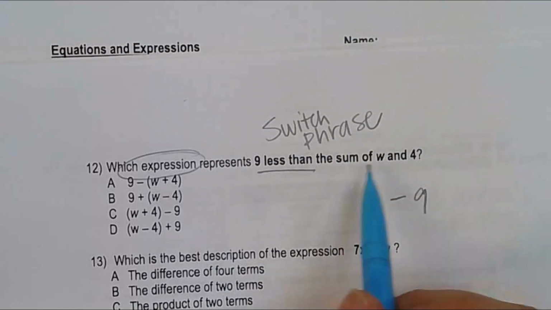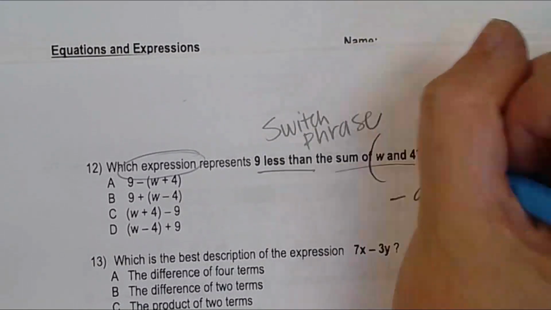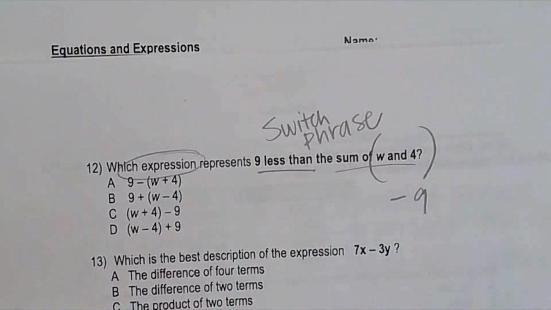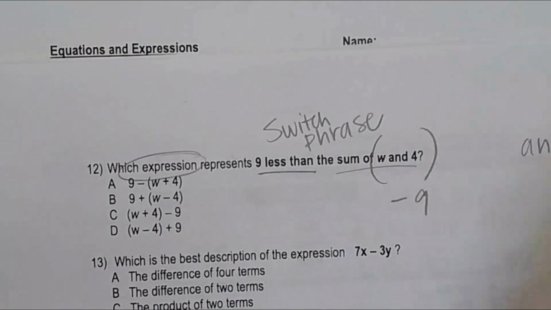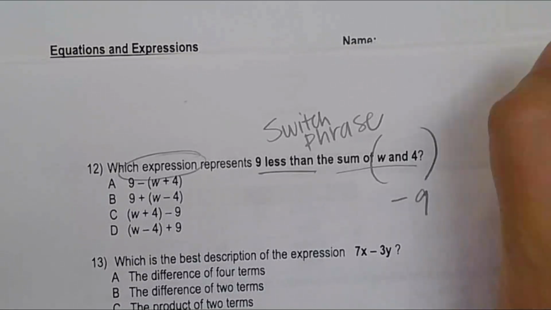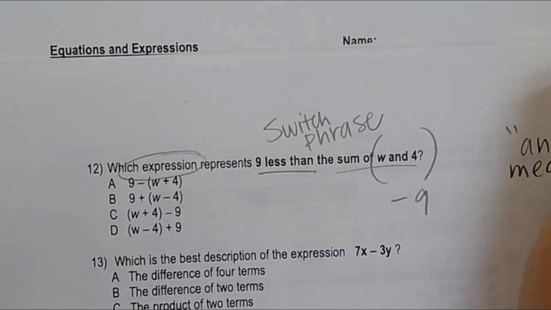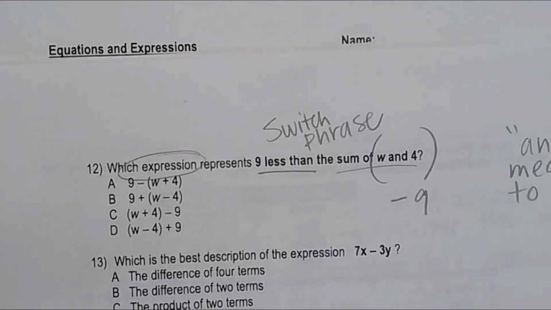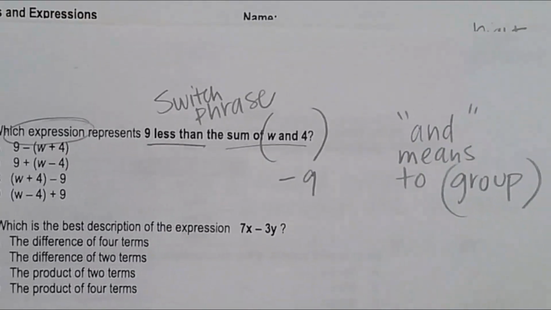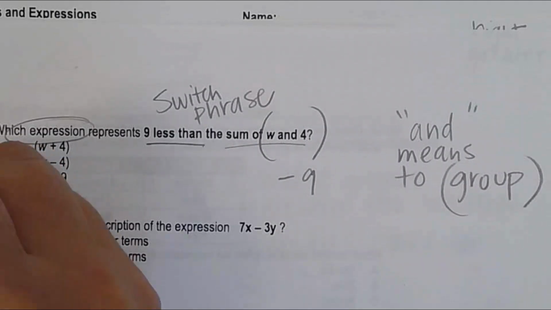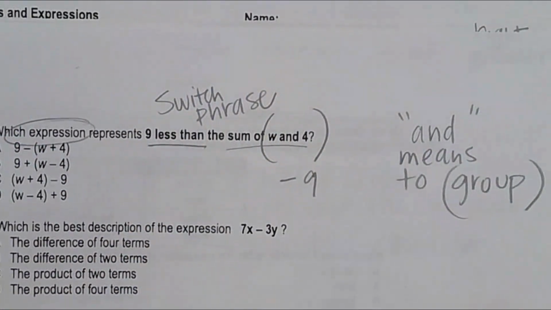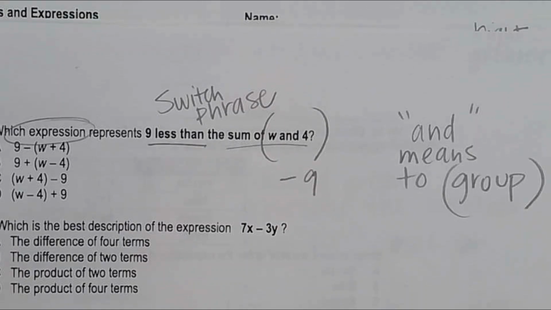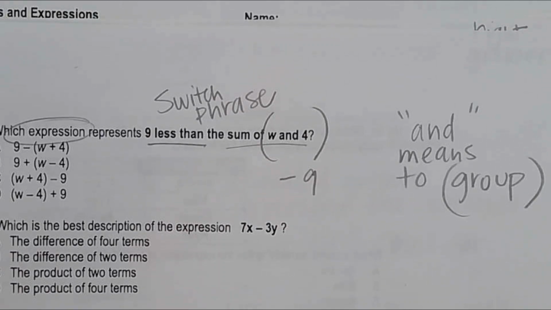Then it says the sum of W and 4. Well, W and 4, it has the word and, which means to group. And guys, when we group, we put it in parentheses. But what am I doing in that parentheses?